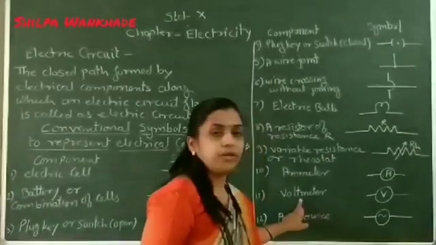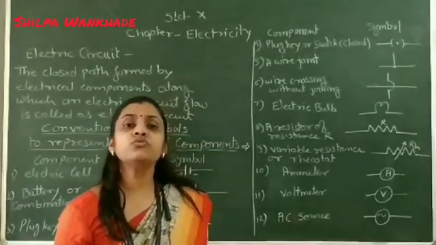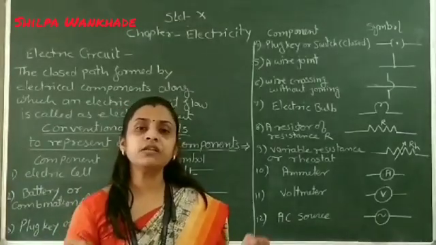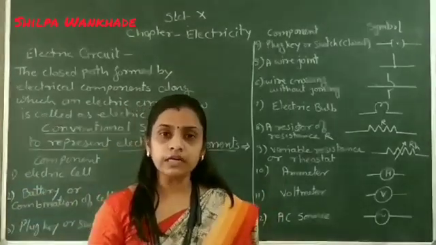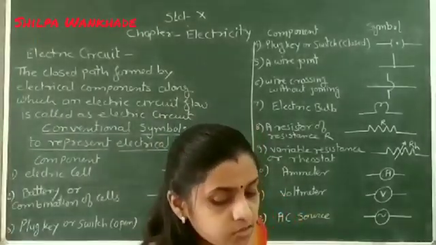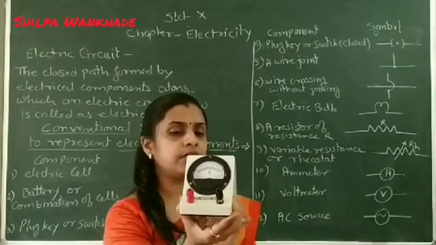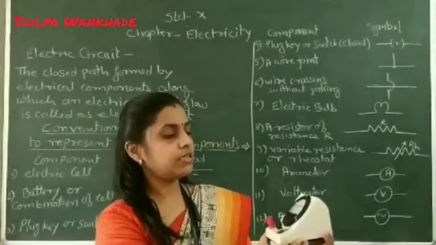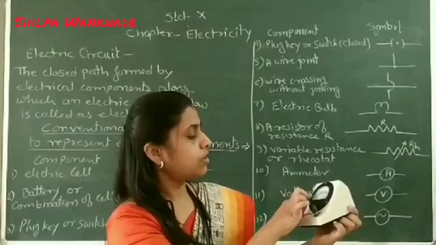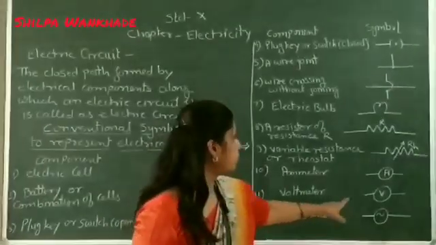Then the voltmeter. The voltmeter is the instrument which is used to measure the potential difference between the two ends of a conductor or between the two ends of a wire, and this is the voltmeter. This instrument measures the voltage from 1 to 10 volt, and it is shown in this way.